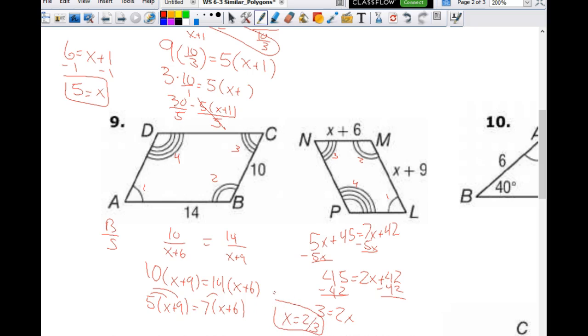Oops, messed that up. Sorry, x is equal to 3 over 2. Alrighty, now we're done.